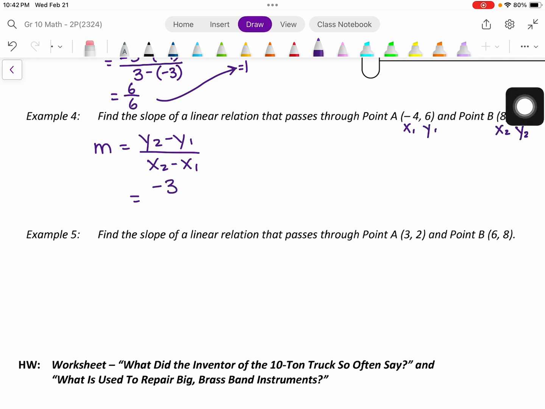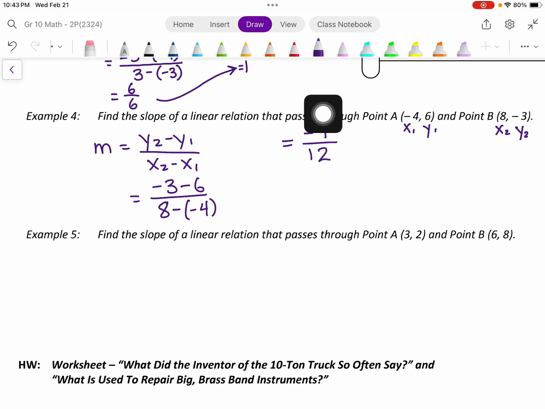So negative 3 subtract 6. And x2 is 8. x1 is negative 4. So 8 subtract negative 4. So negative 3 subtract 6 is negative 9. And 8 subtract negative 4 is 12.